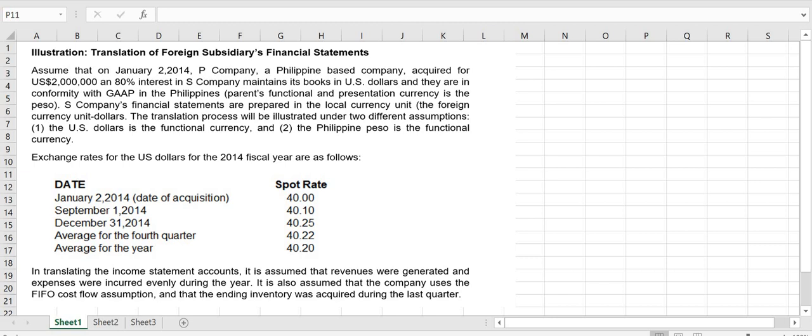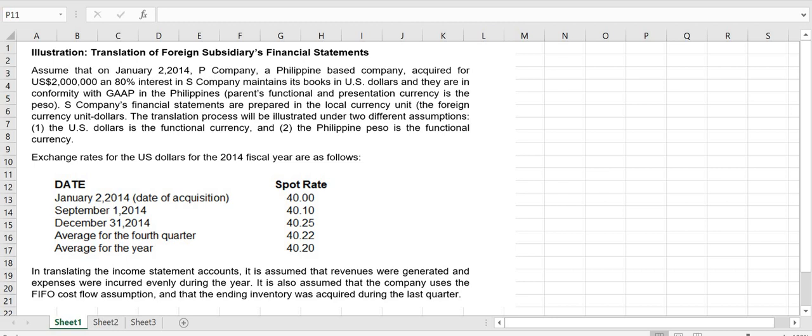The average for the fourth quarter is 40.22, and the average for the year is 40.20. In translating the income statements, it is assumed that revenues were generated and expenses were incurred evenly during the year. It is also assumed that the company uses the FIFO cost assumption and that the ending inventory was acquired during the last quarter.